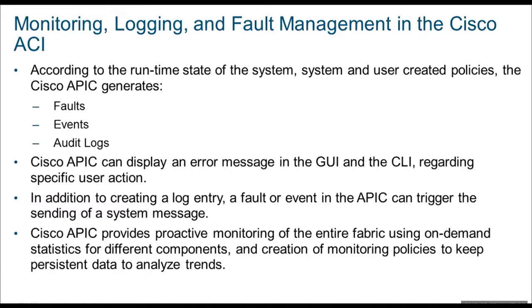So your APIC does maintain quite a detailed runtime view. It's constantly being told by the switch, so it actually has a runtime representation of the operational state of your switch. They're all stored in the APIC as managed objects, so you will retrieve them through the GUI.